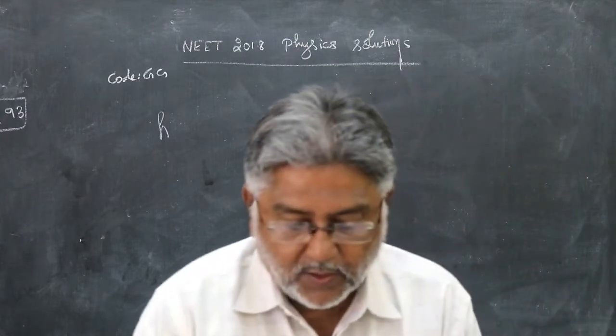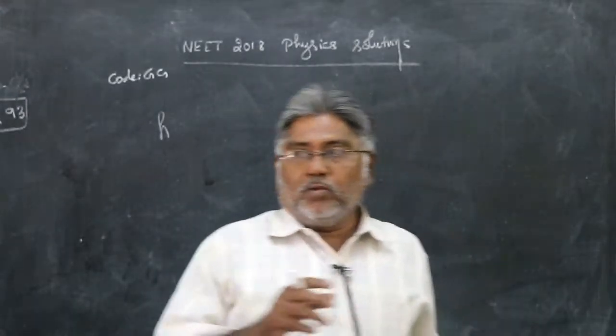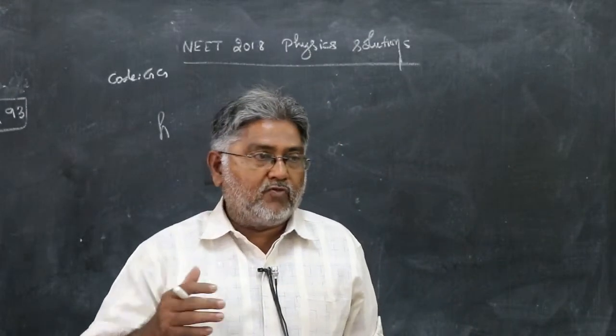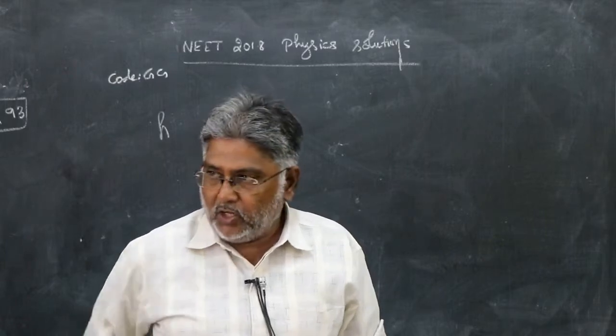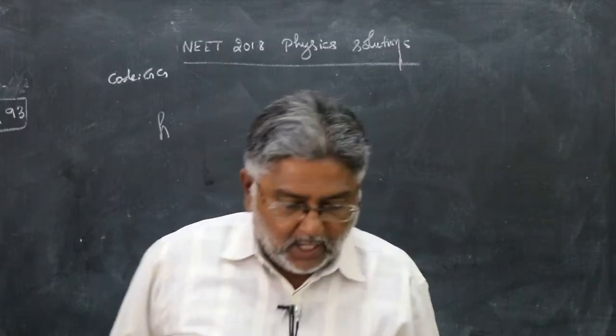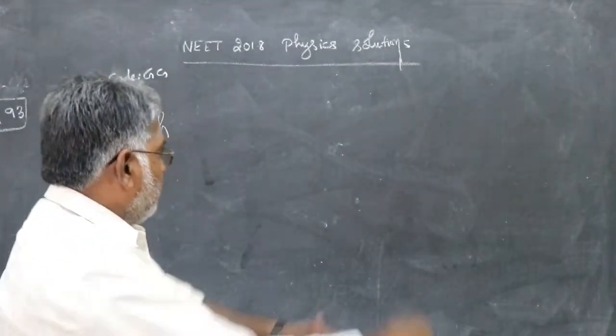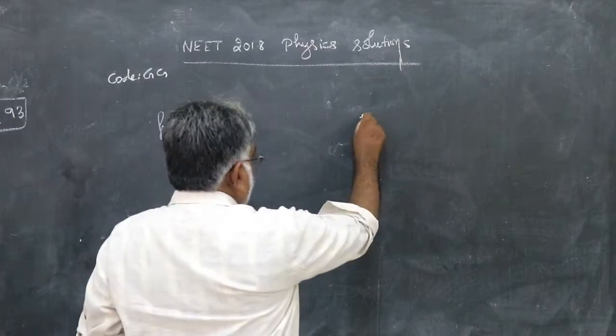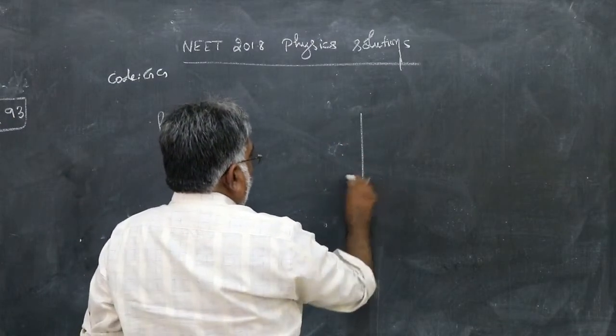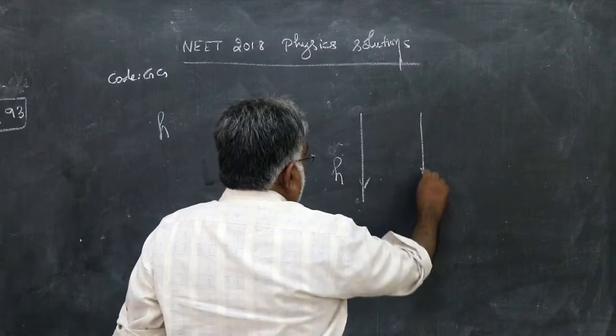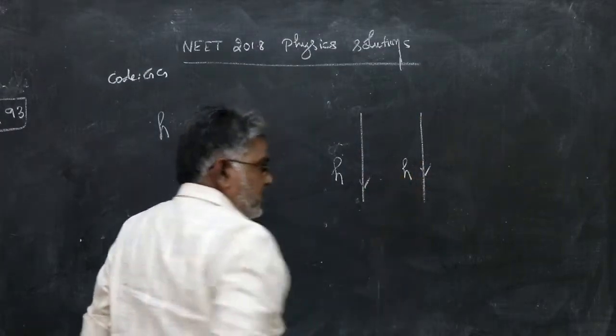Basically, you have to find out whether the time of fall of the electron or the time of fall of the proton is greater. Okay. So, here you can see the formula. The electron or the proton, they fall through the same height.